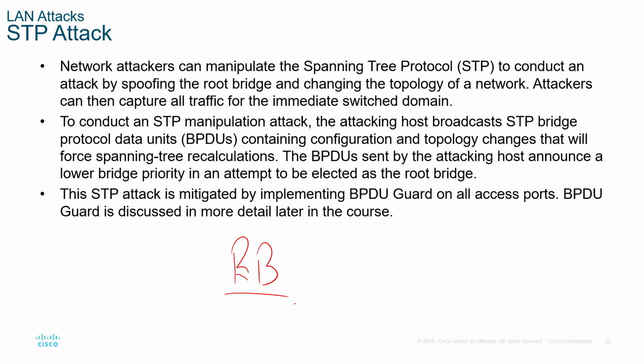The attacks try to manipulate the election process, to choose the root bridge. So a threat actor introduces a device and gives it a priority which allows that device to be chosen as the root bridge.